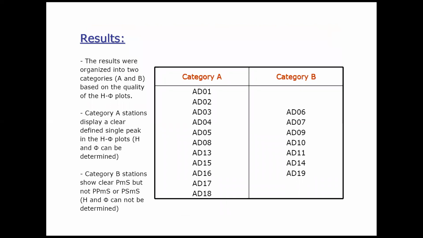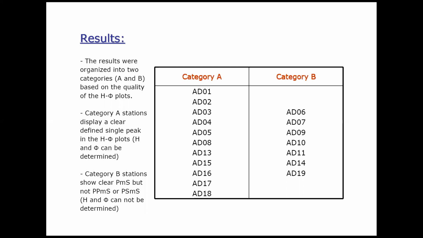Observations of H, R, and sigma were obtained at most of the stations. P to S conversion from the Moho can be observed on the majority of the stations from the stacked receiver functions. The results were organized into two categories, A and B, based on the quality of the H-kappa plots.